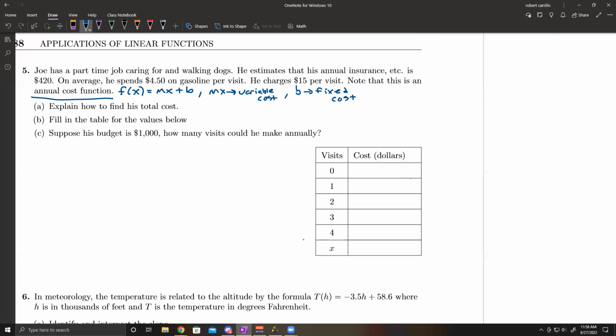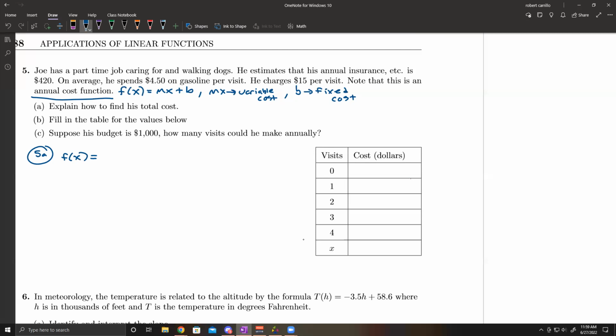Now for A, it says explain how to find his total cost, his overall cost. So what we're going to be doing is creating his cost function. So in 5A, we're going to set up his cost function, f of x, and we're going to look at the problem again. We're going to look at something that has a variable and something that is fixed, and we're only looking at cost. So this says he estimates that his annual insurance is $420.